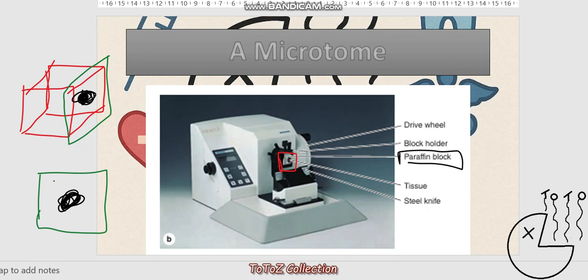So this is going to be the paraffin, and your tissue is going to be there, and then you're going to put this on a slide, and then you're going to add some staining, and then you're going to view it under a microscope. That's basically the histological technique. That's the histological preparatory process, and that is how you get your tissue ready for examination under a microscope.